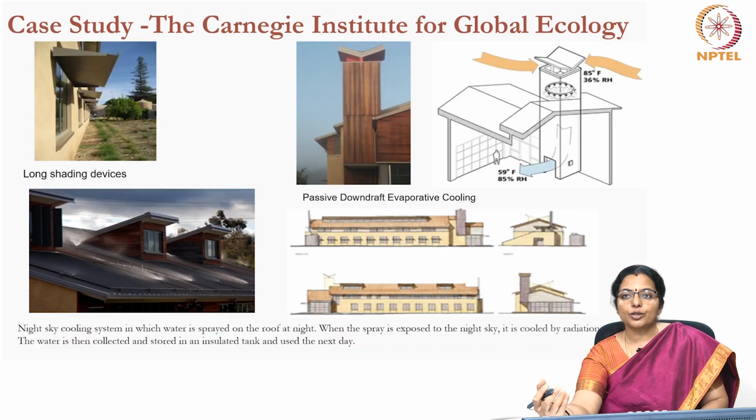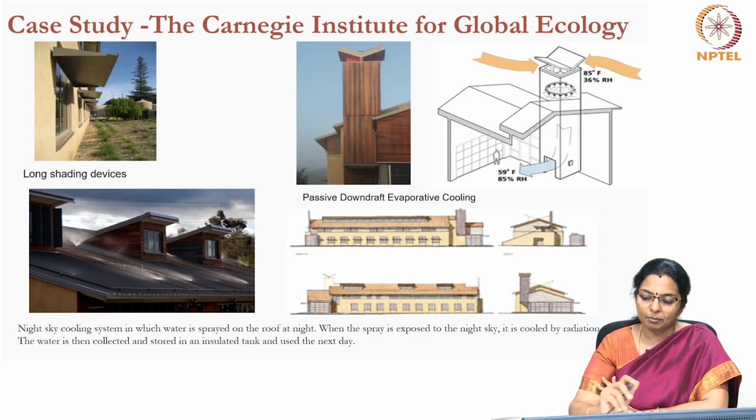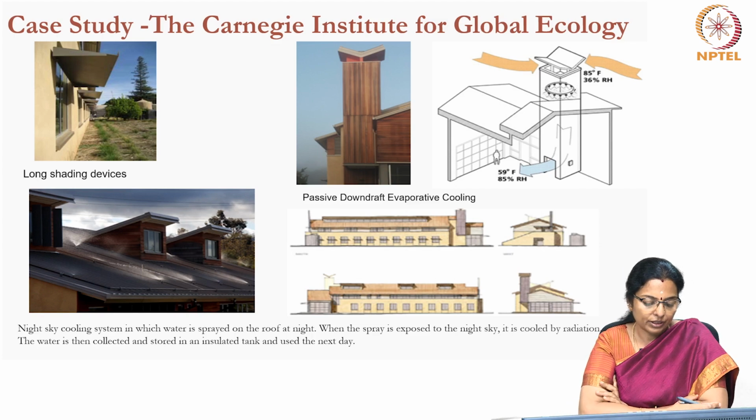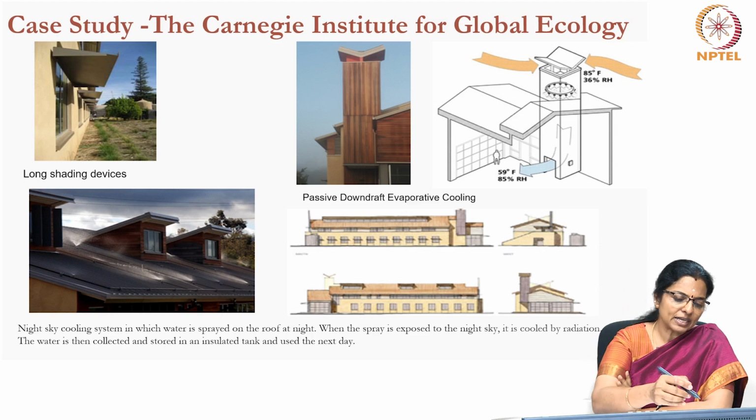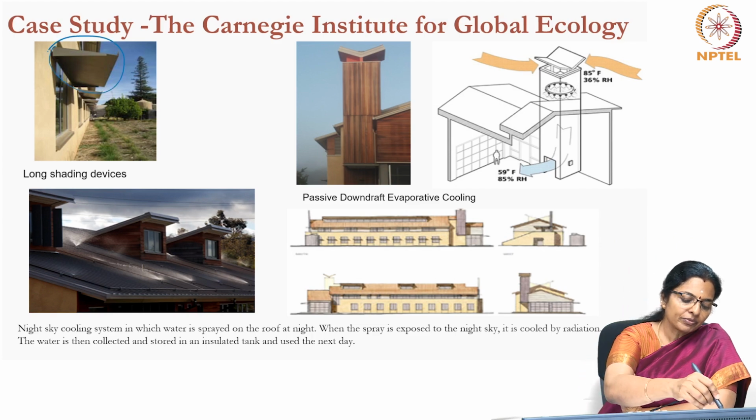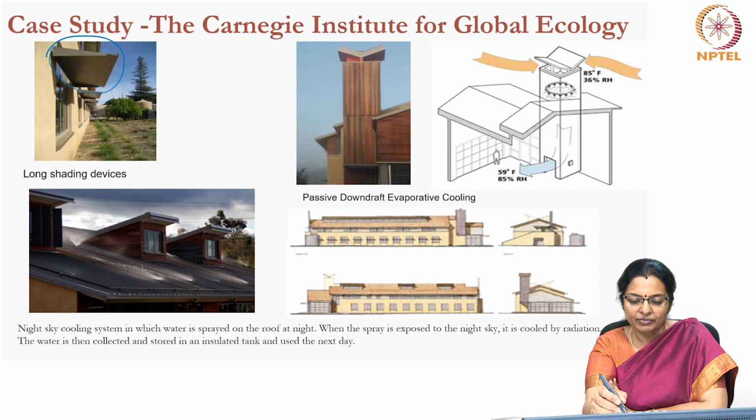The Carnegie Institute for Global Ecology also uses the concept of PDEC, passive downdraft evaporative cooling. It uses a number of concepts. The simple passive strategies, it uses long shading devices, it uses PDEC, passive downdraft evaporative cooling.